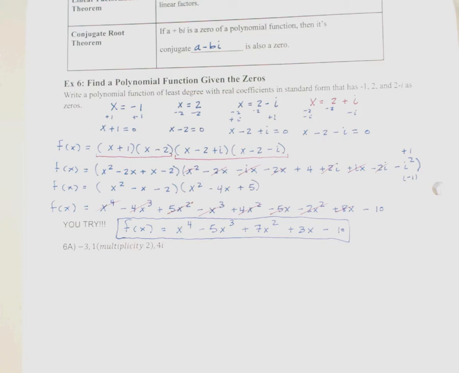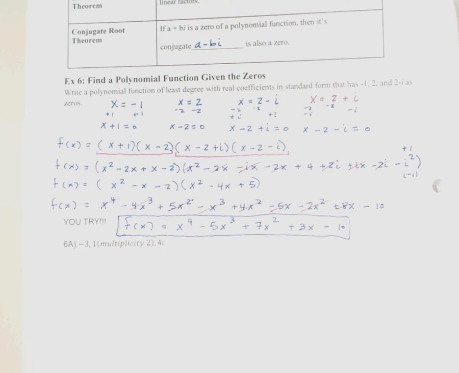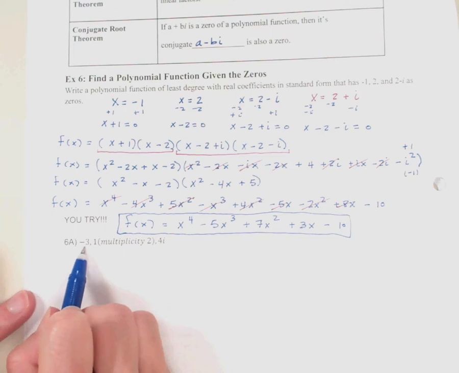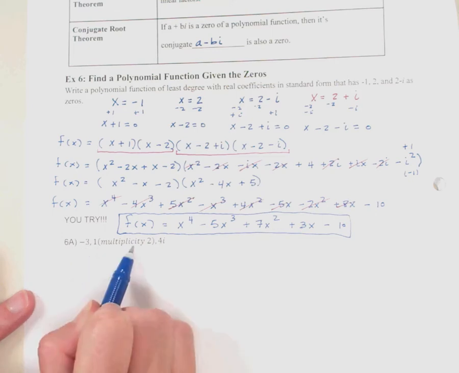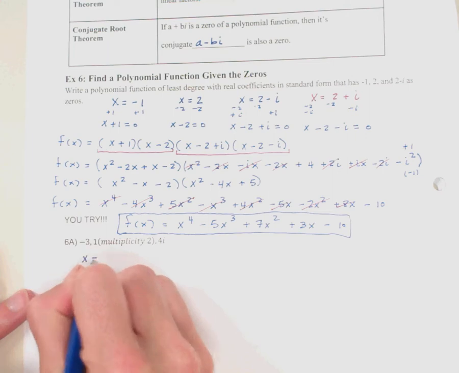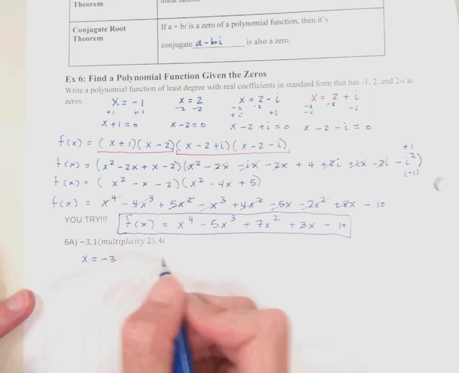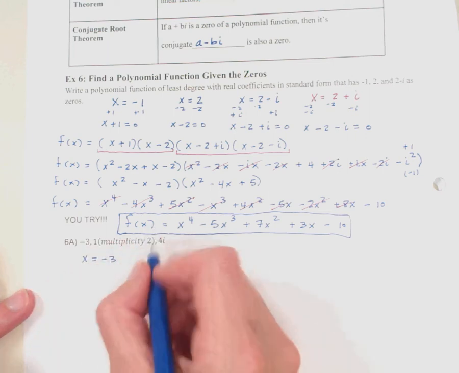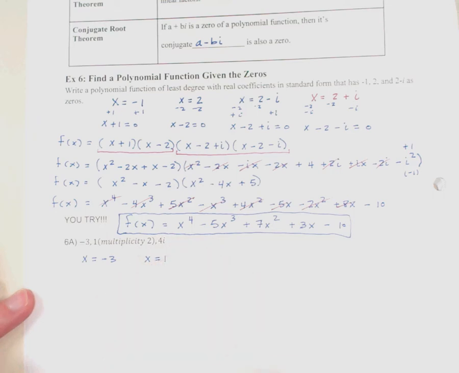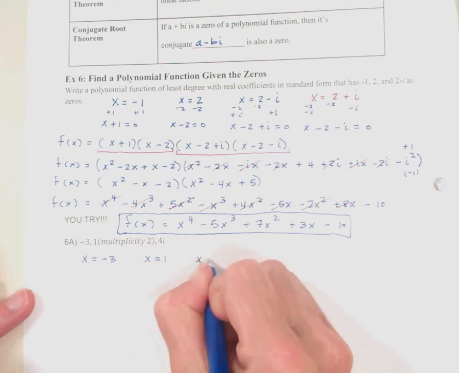Okay, I would like for you to try number 6, letter A. Now keep in mind we have negative 3, 1 with multiplicity 2, and 4i. So what I know is that x is equal to negative 3. Now if it has multiplicity, it is repeated. So if x equals 1 has multiplicity of 2, it occurs twice.